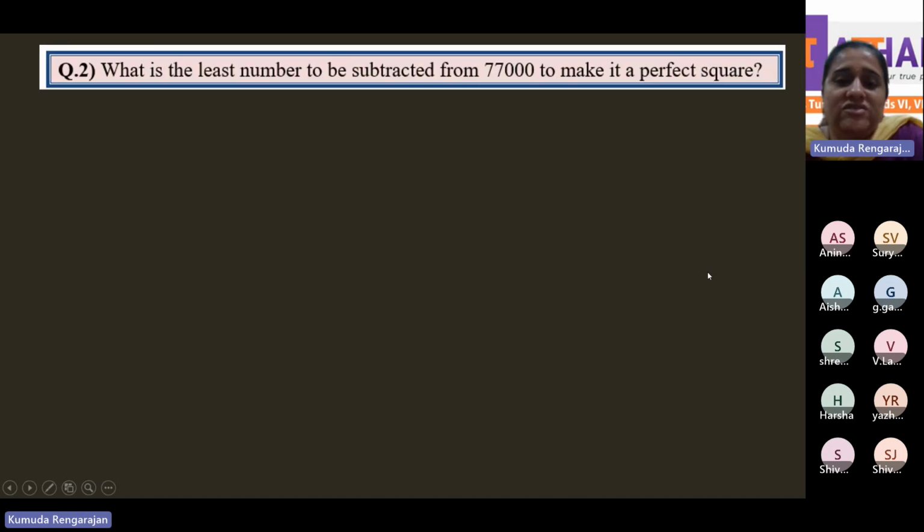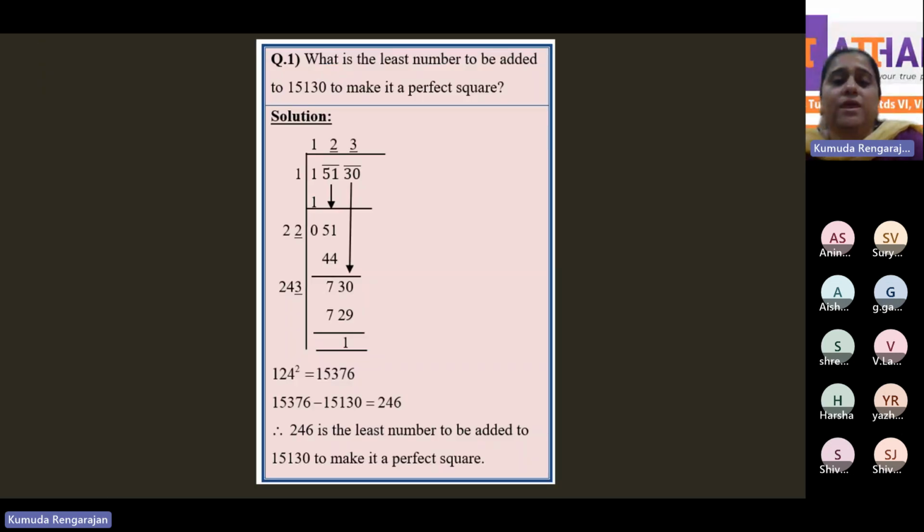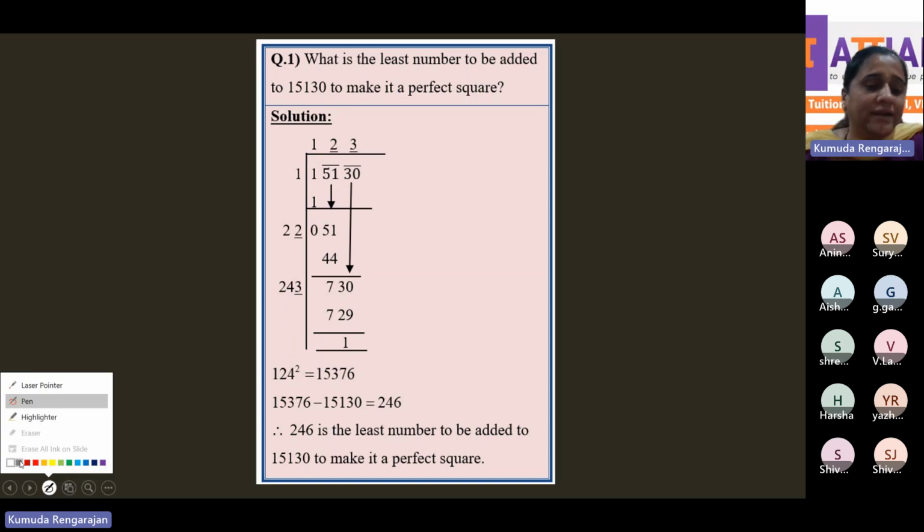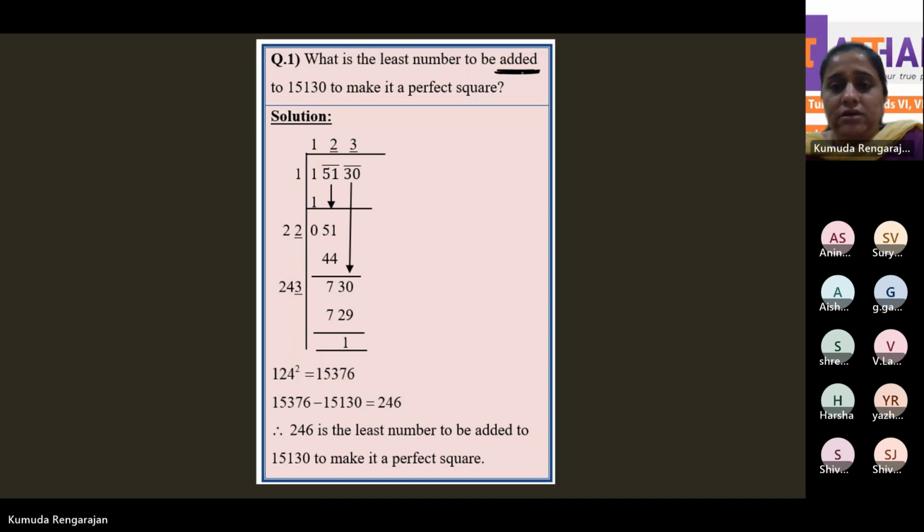So here, let's just go back to this one first. If you have to find the least number to be added, we need to perform the long division, and then you will not get zero remainder, children. Remainder will not be zero. It will be something other than zero. Now leave the remainder.